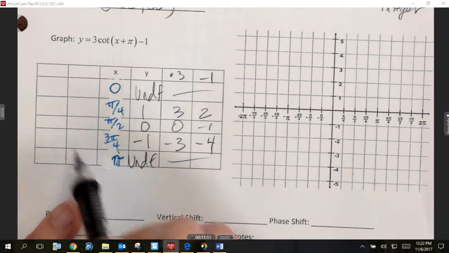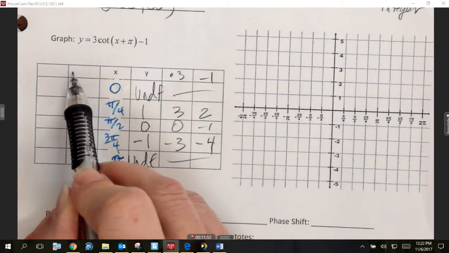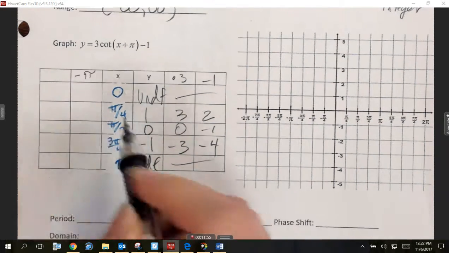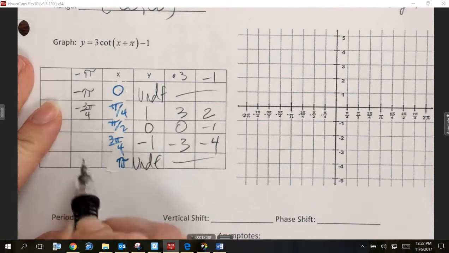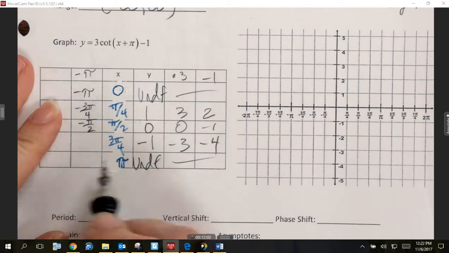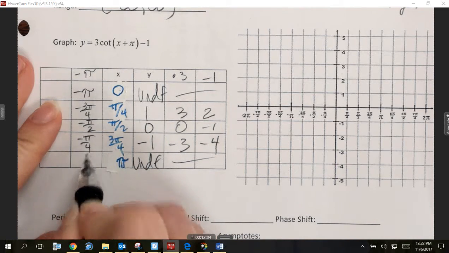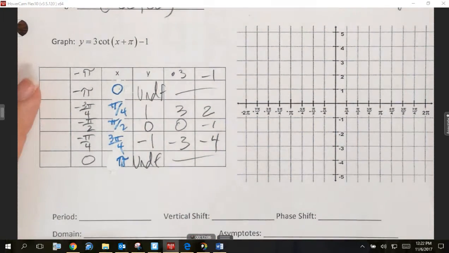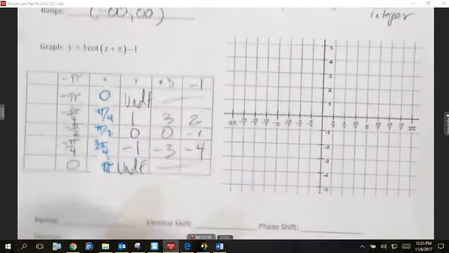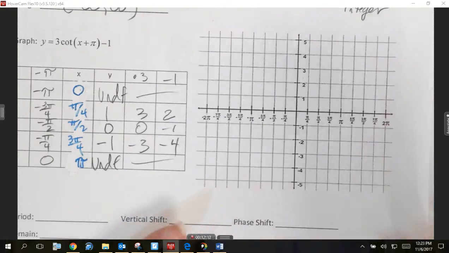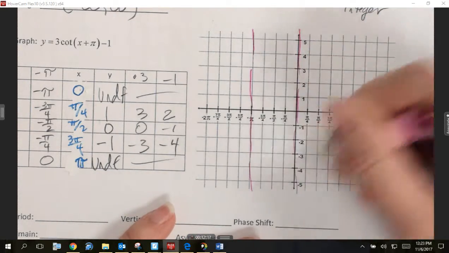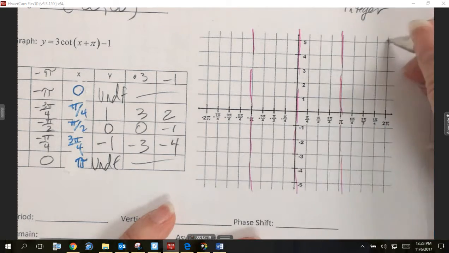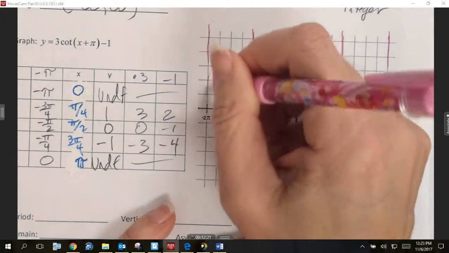And then on the x side, there's no stretch or shrink, so we're just going left pi. So at negative pi, and at 0 asymptotes, and then every evenly spaced asymptote from there.